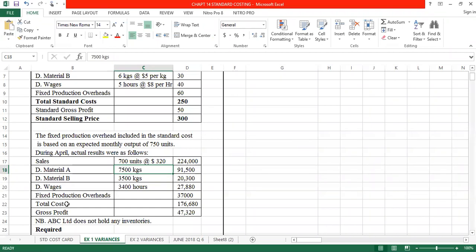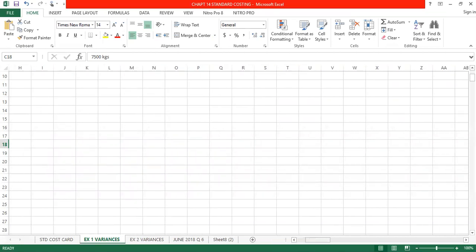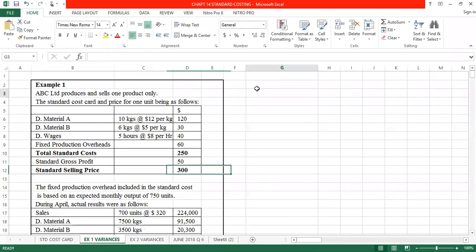You are being told ABC Limited does not hold any inventories. Calculate all appropriate variances, and number 2, prepare an operating statement.